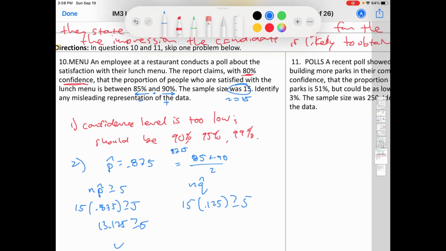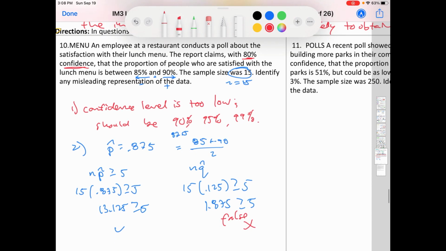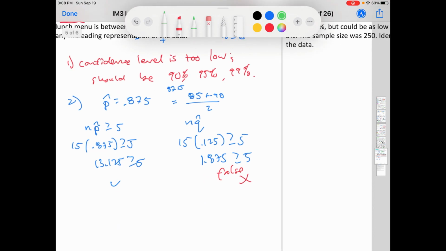Is this greater than or equal to 5? So 15 times 0.125 gives me 1.875, and this is what? False. It's not greater than 5. So there we can say our sample size is too small. Right?